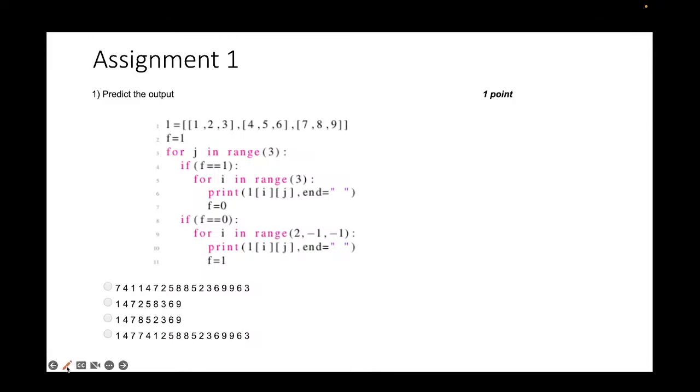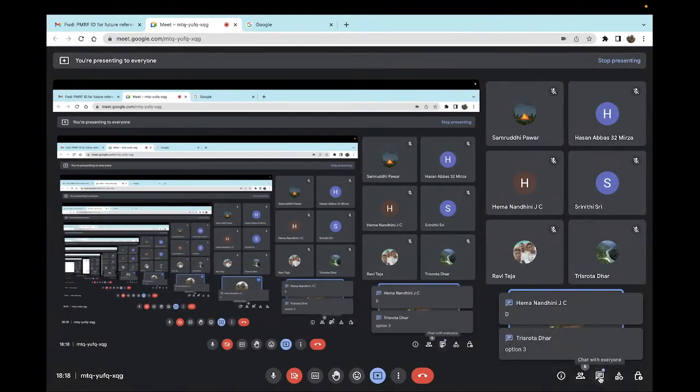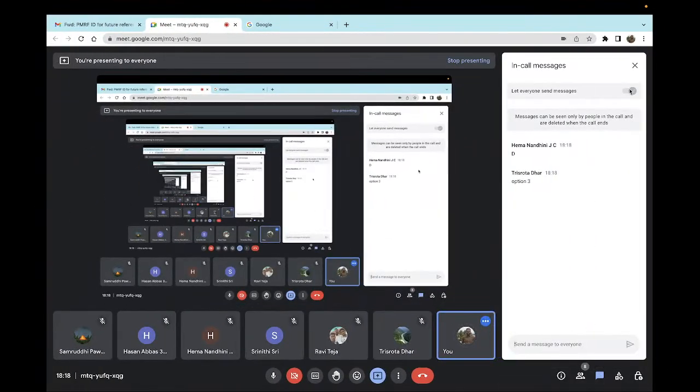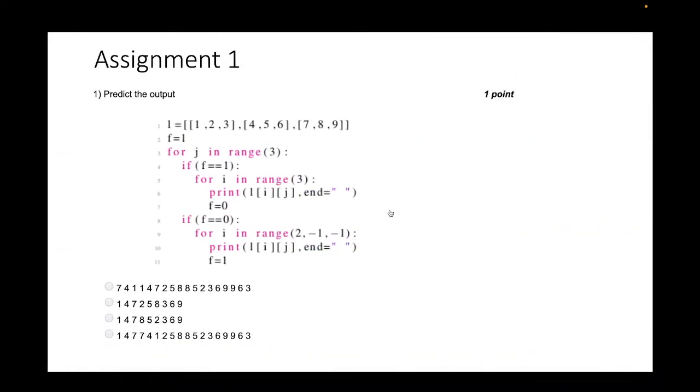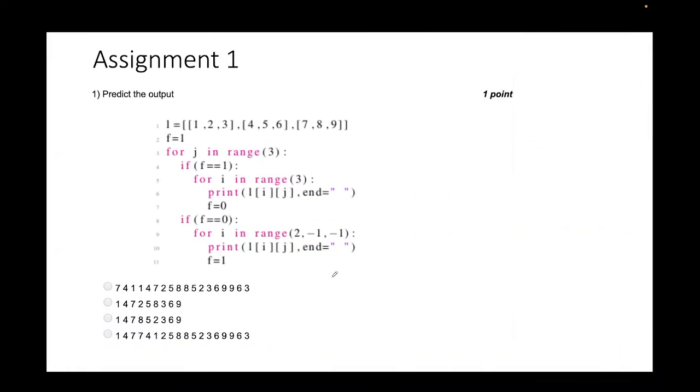I'll go through this question. Yes, the correct option is option D. One of you answered it right. What this piece of code is doing is initializing a list, which you can count as a matrix.